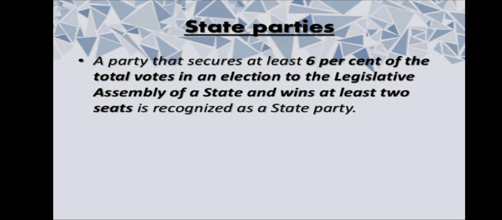Now we'll discuss state parties. Which party is recognized as a state party or regional party? A party that secures at least 6% of the total votes in an election to the legislative assembly of a state and wins at least 2 seats is recognized as a state party.